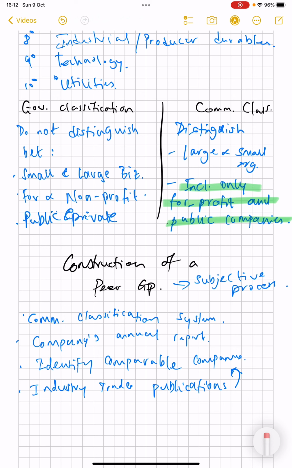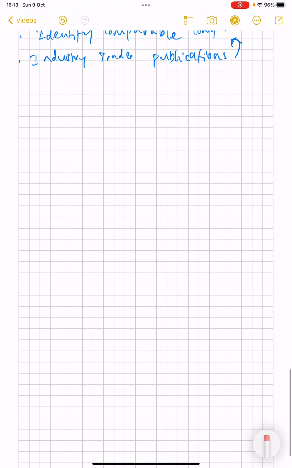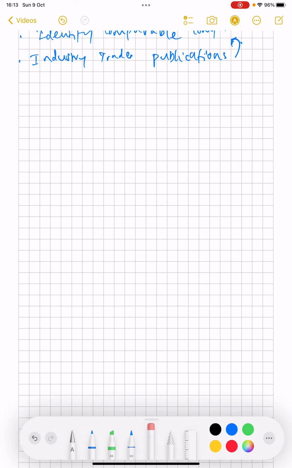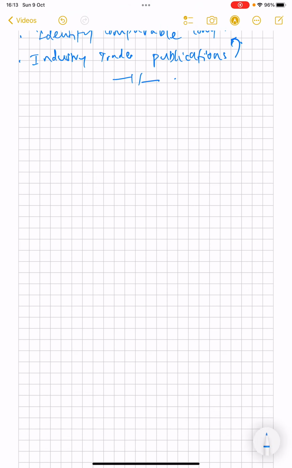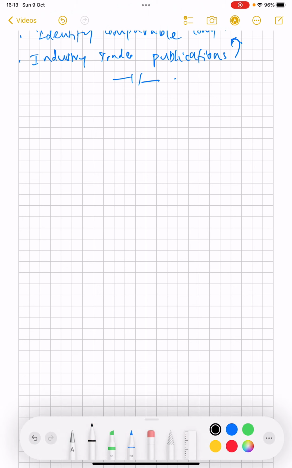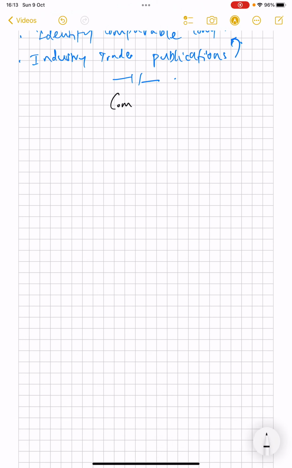And when we talk of company analysis, which comes in the next section, since we've already discussed industry analysis, company analysis happens individually.